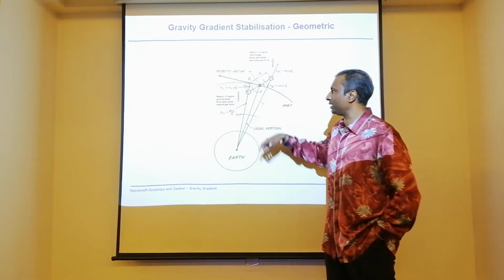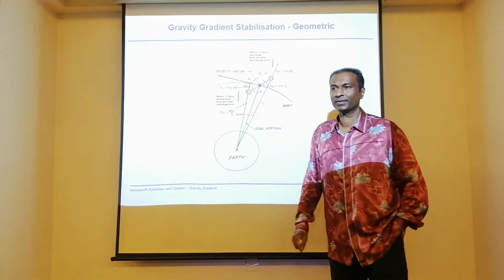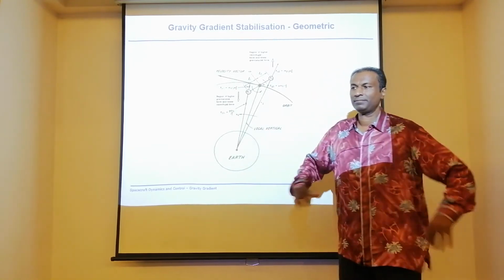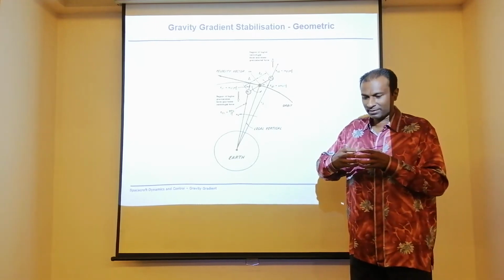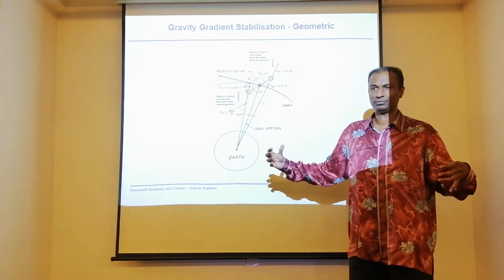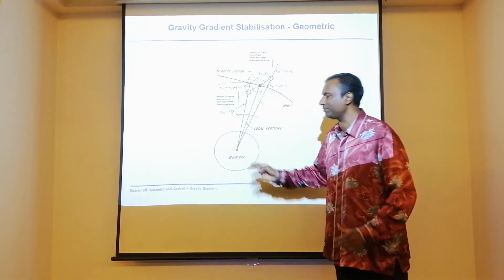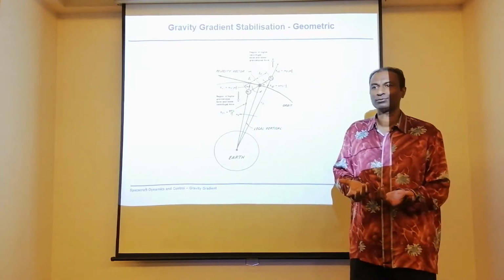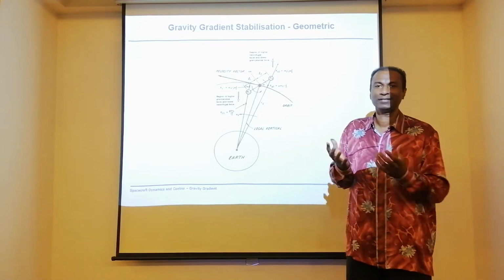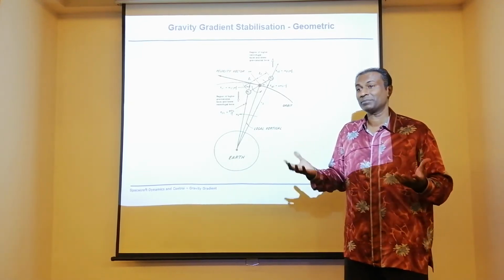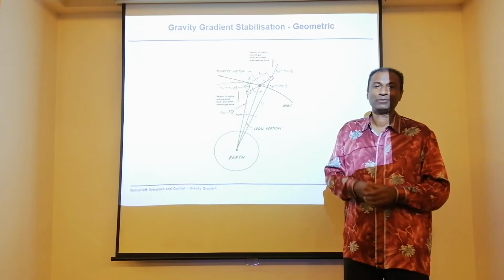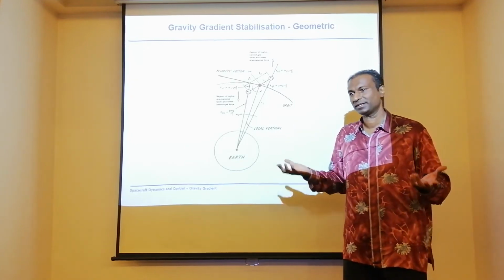So when it is so high, at one point you can practically nullify the gravitational pull. But unfortunately, we can't fly too high either, because we need to follow Kepler's law and Newton's gravitational law.